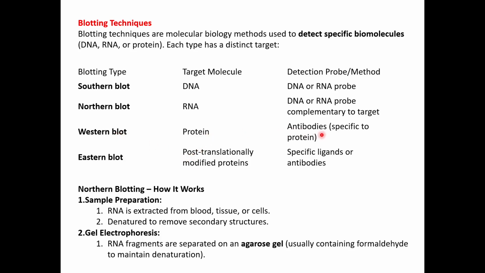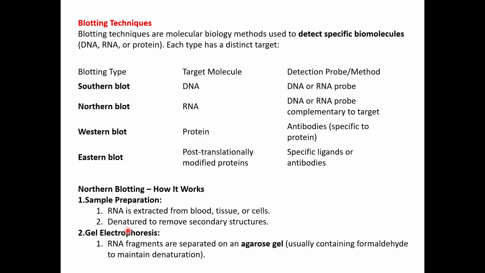So in case of proteins, we use antibodies against the specific target protein that we are looking for. And then we also have eastern blot where we can see post translational modification on proteins. So here specific ligands or antibodies like phosphoantibodies or some other kind of antibodies can be used to detect the post translationally modified proteins.